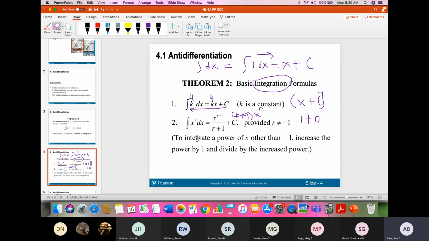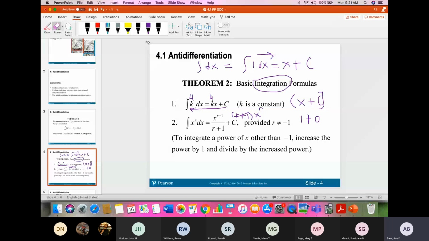So when we anti-differentiate, we add 1 to the exponent and we divide by that same exponent. And they're telling us, provided that r cannot be equal to -1.